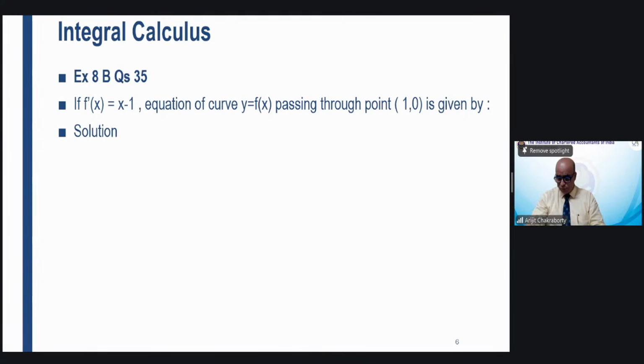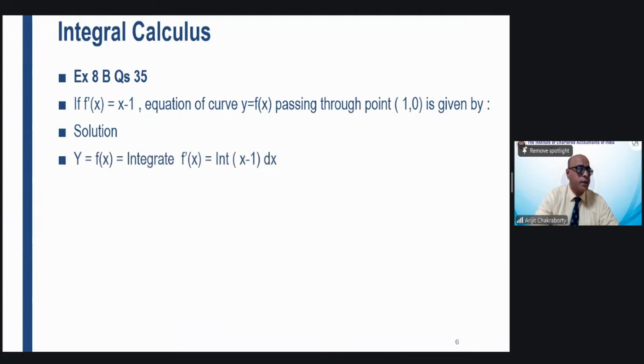So here, if you see what we are doing, next line में देखिए, to get the equation of the curve y equal to fx, we are now integrating x minus 1 dx. If you integrate x minus 1 dx, first is integration of x dx minus dx. x dx का क्या आएगा? X dx is of the form x to the power n. If you integrate x to the power n, here of course n is equal to 1.